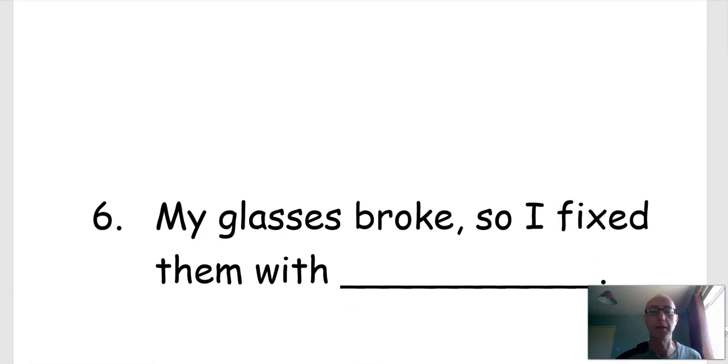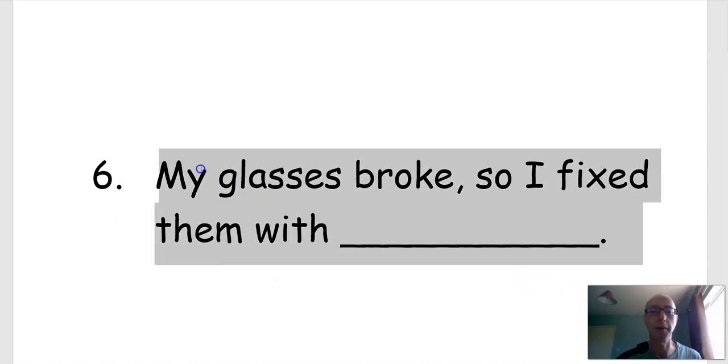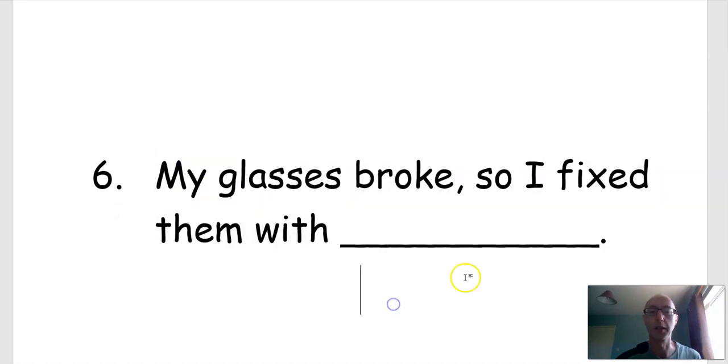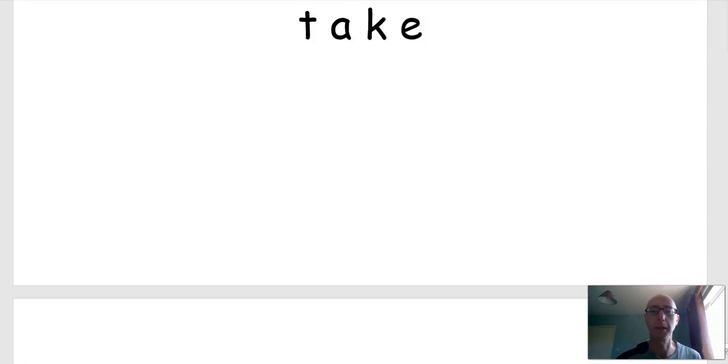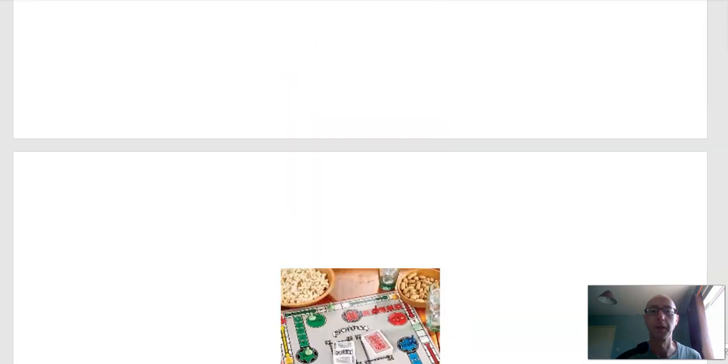And number 6. My glasses broke, so I fixed them with something. Again, we need a word ending in E, with A in the middle. One of these words. Okay, that's some work for you to do.